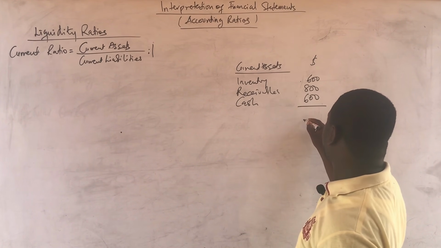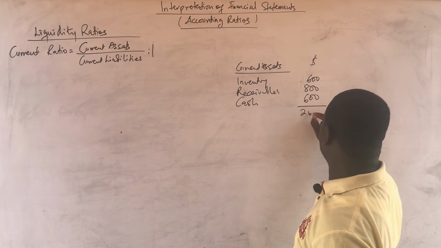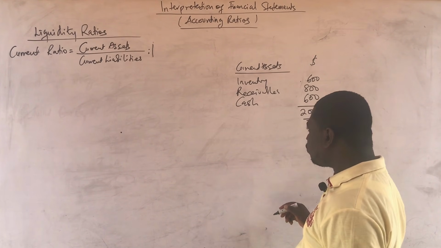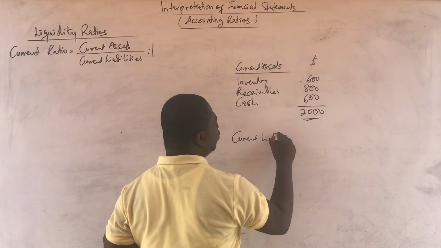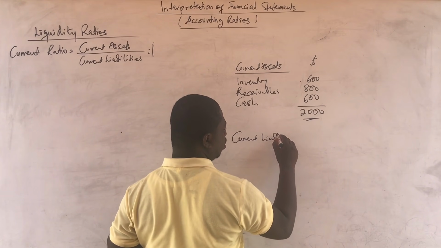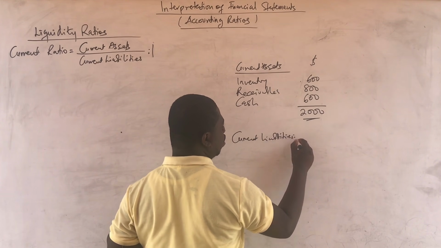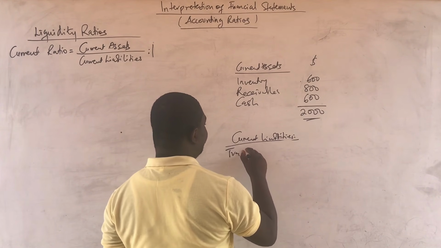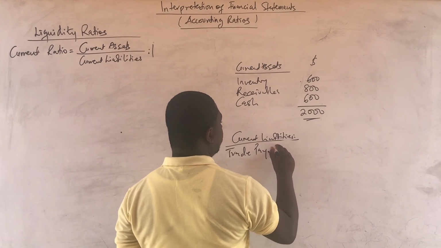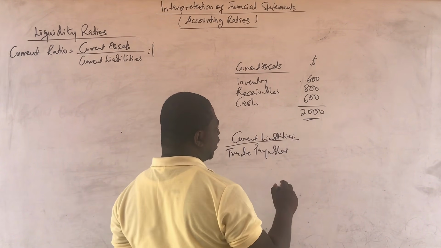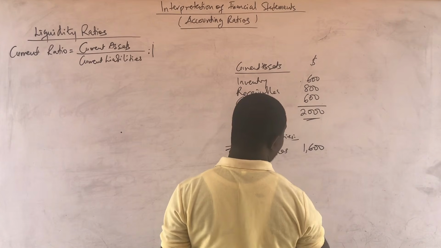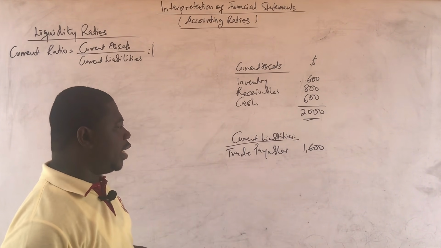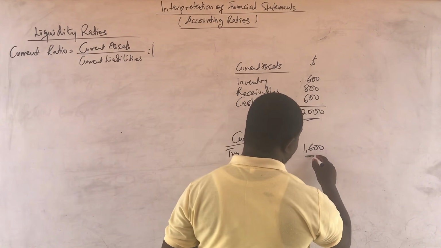So when we add, we have current assets of $2,000. Let's also assume we have current liabilities as trade payables. So let's say we have trade payables to be 1,600 Ghana cedis. And let's say that is all about current liabilities.